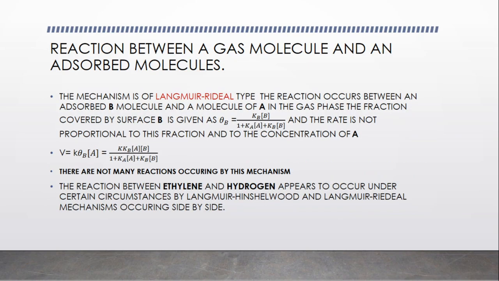Coming to the case of a reaction between a gas molecule and an adsorbed molecule, which follows the Langmuir-Rideal mechanism. In this case, the reaction occurs between an adsorbed B molecule and a molecule of A which is in the gaseous phase.